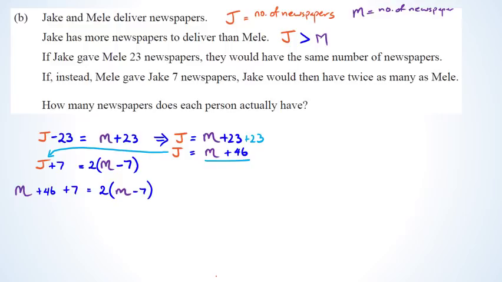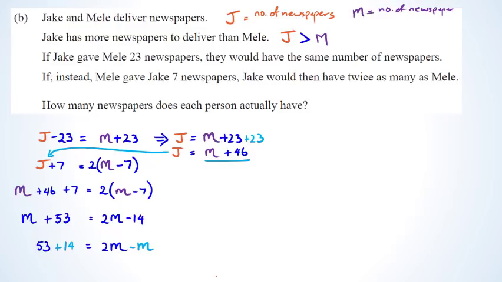And now it's just a matter of expanding and rearranging, guys. So we're going to have M, 46 plus 7, we've got 53, equals 2M minus 14. Rearranging this, M comes to this side, it becomes minus M, and 14 comes to this side, so it becomes plus 14.